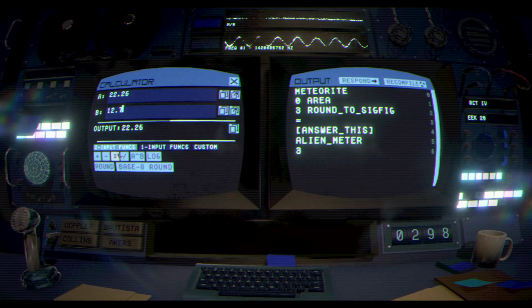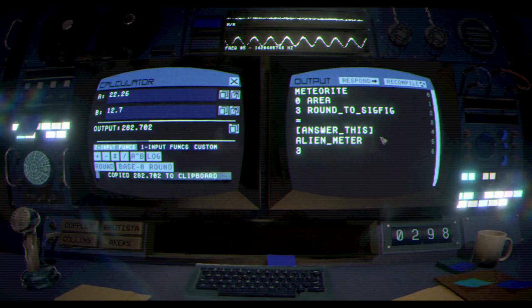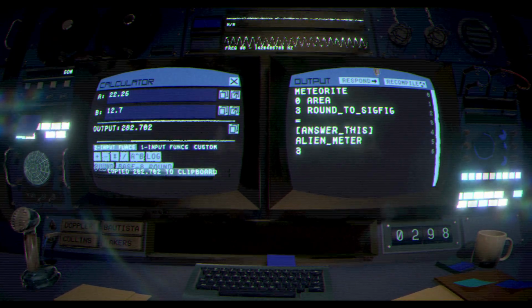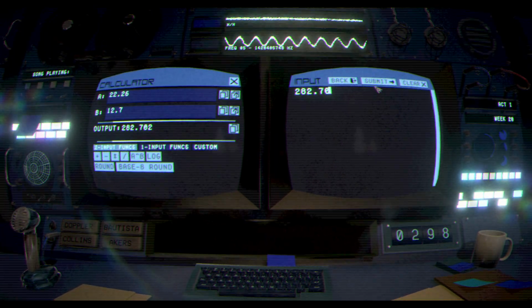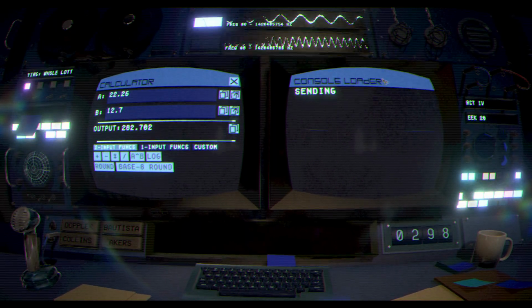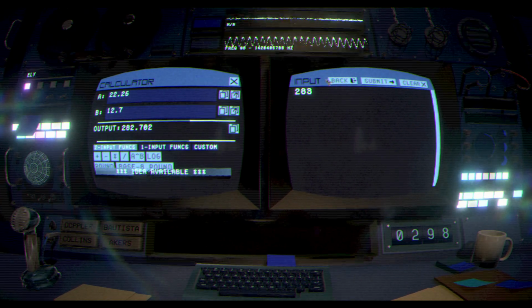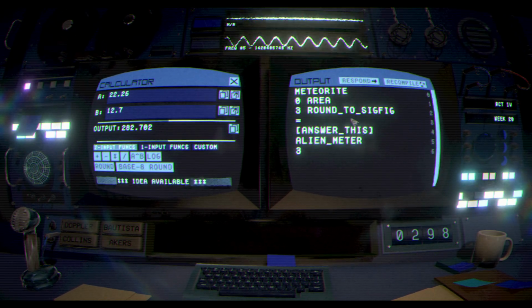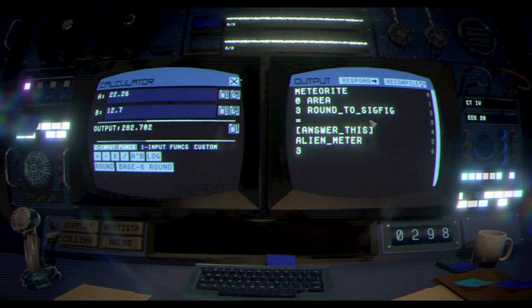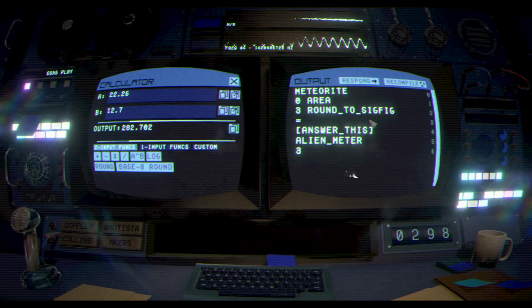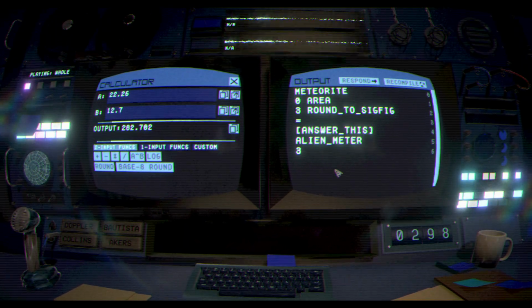And round that up. No sig fig change. Oh, we probably need to include units.